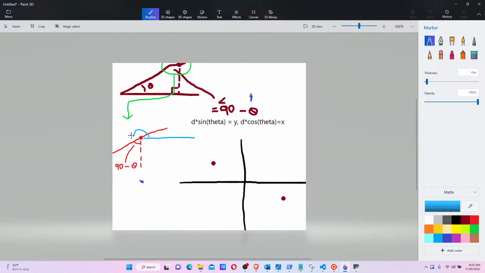That is 180 degrees. But I can't just do a full turnaround.